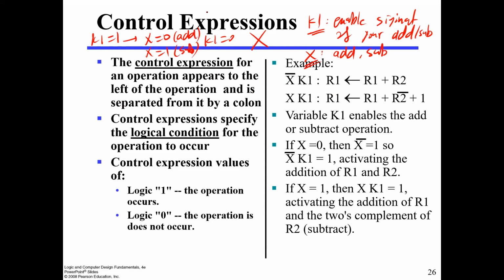As a notation, we can write X bar K1. That means when X equals 0 and K1 equals 1, the add unit is active and I want to do an add operation, so take the value of R1, add it to the value of R2, and then save the result to register R1.